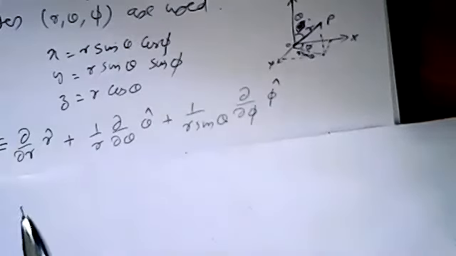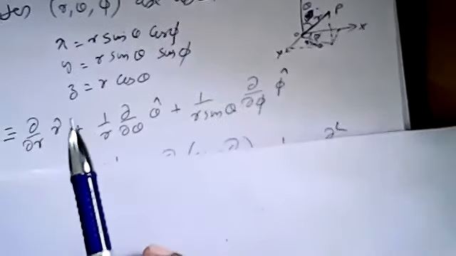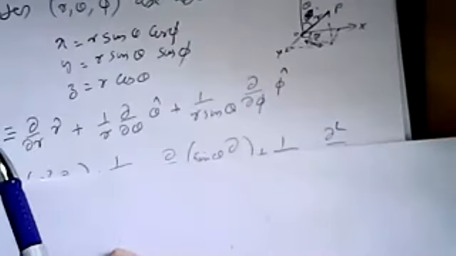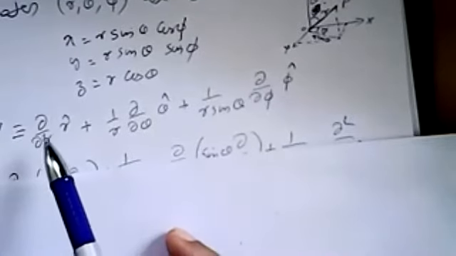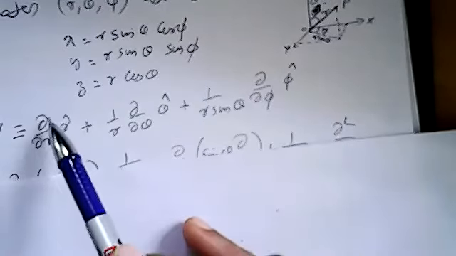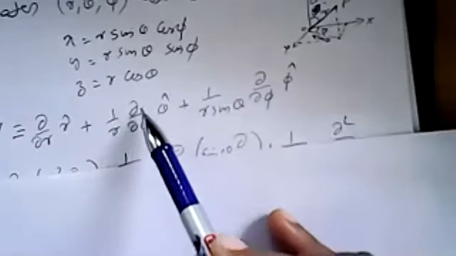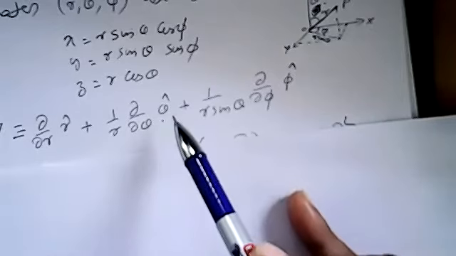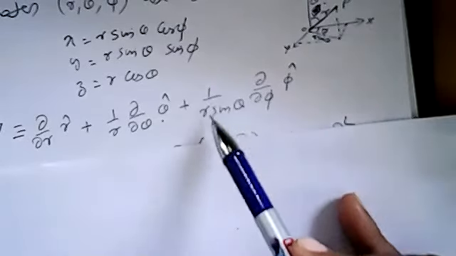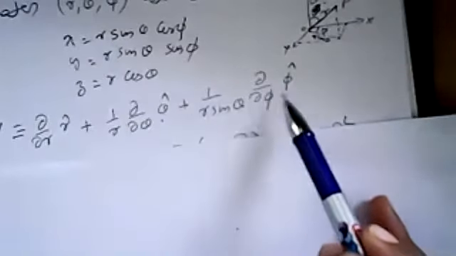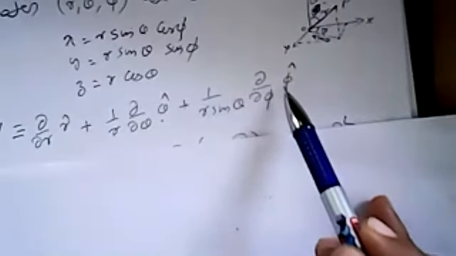Now using this r, theta and phi, the del in spherical polar coordinates is, I think this is familiar to you, dou by dou r unit vector r plus 1 by r dou by dou theta unit vector theta plus 1 by r sin theta dou by dou phi unit vector phi.